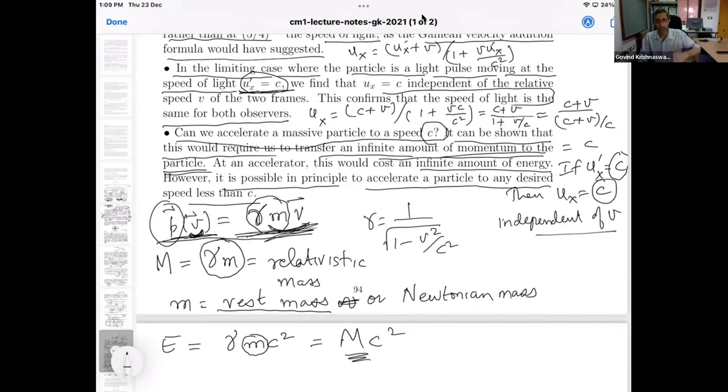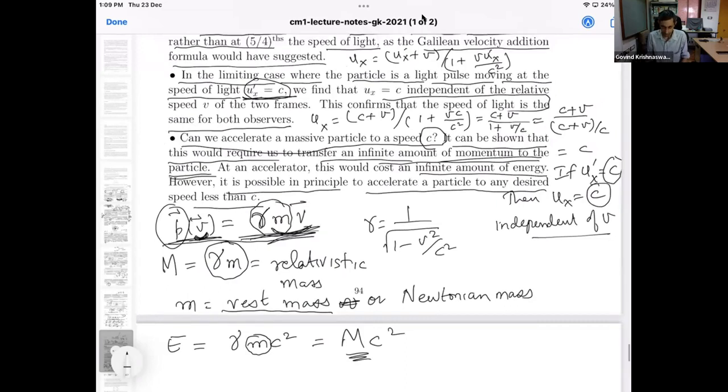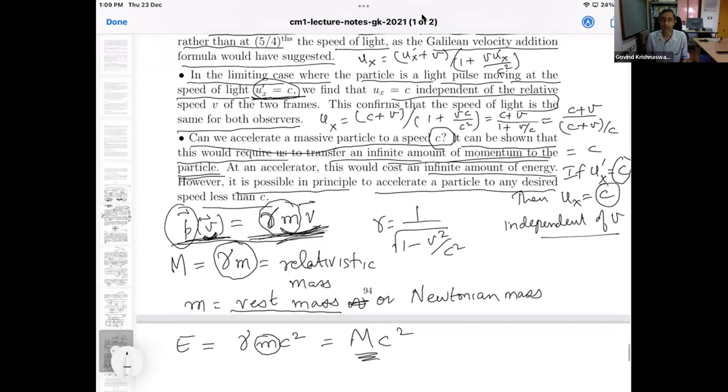Your question is, yeah, any massive particle, or even massless particles like photons, do feel the force of gravity. So the gravitational mass is still the same as the inertial mass of the particle. I think to discuss this issue in more detail, one really needs to study a different topic.